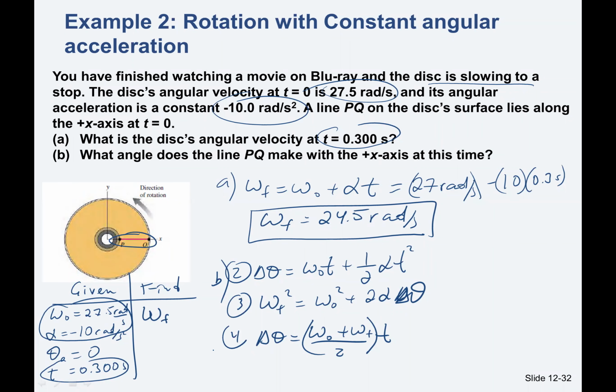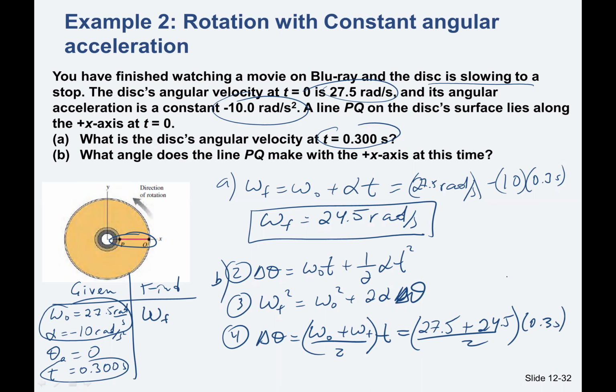Well, I can also use equation 3 or equation 4. Let's say I would use equation 4, for example. Here I should use 27.5 plus 24.5 divided by 2 times 0.3 seconds.